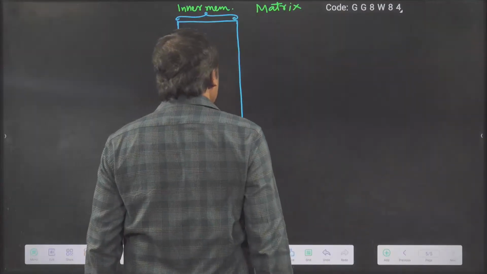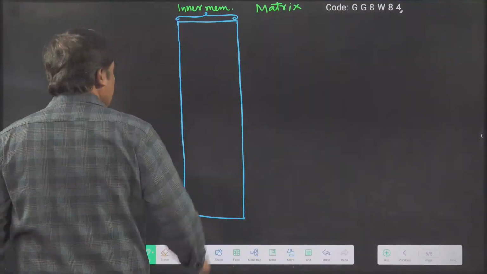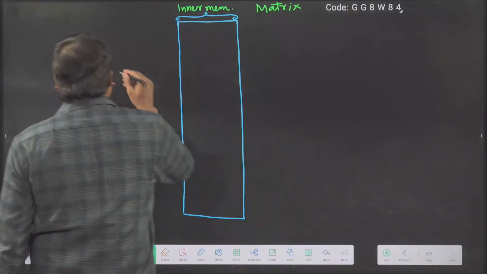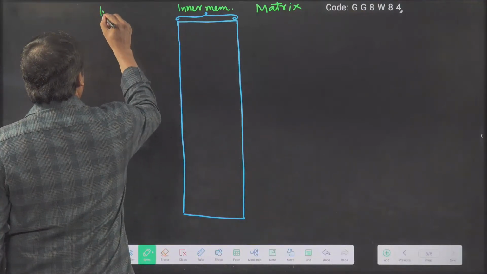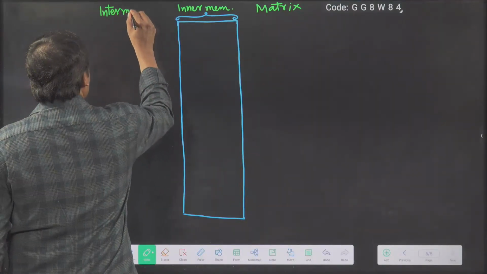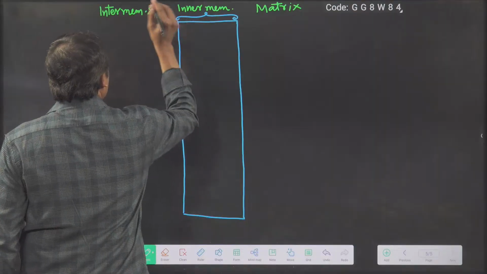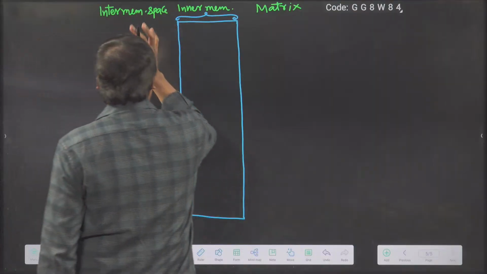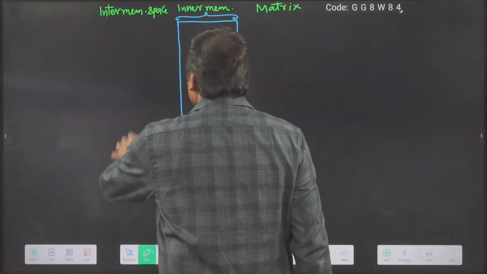Inner to the inner membrane, matrix is present. Outer to the inner membrane, intermembrane space is present. This is called intermembrane space or perimitochondrial space.